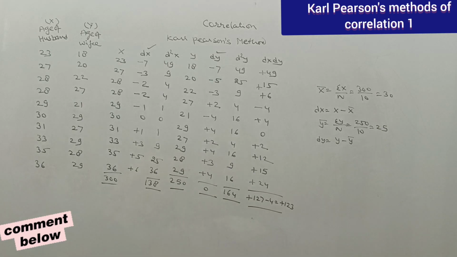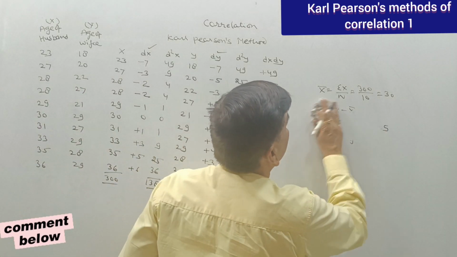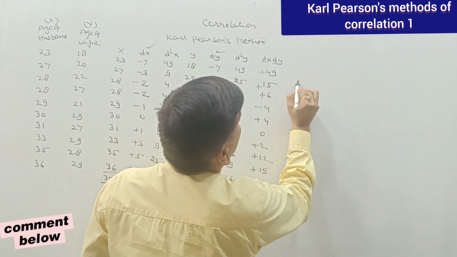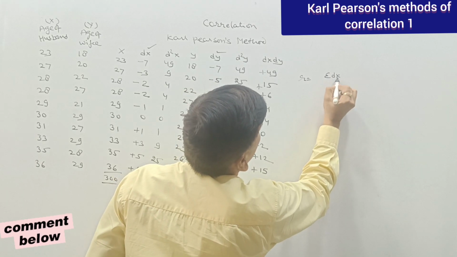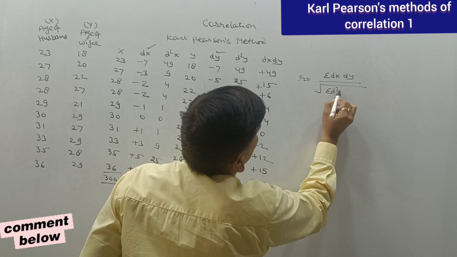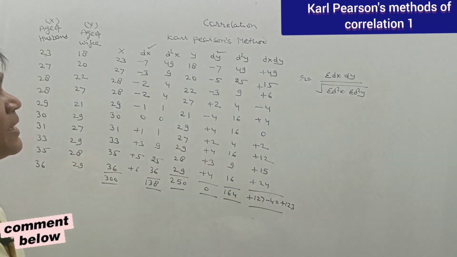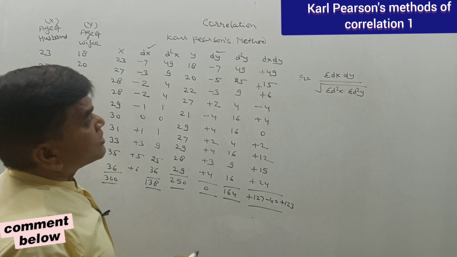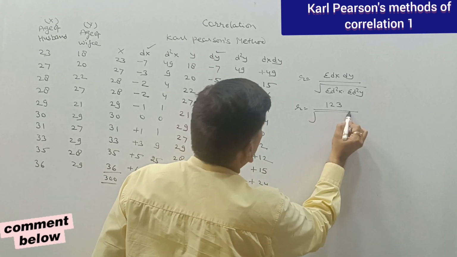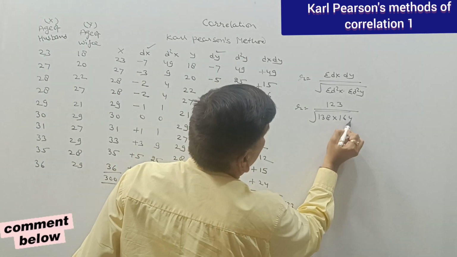So what we are doing here is using the direct method for calculating the coefficient of correlation. The formula is sigma dx dy upon the square root of sigma d square x times sigma d square y. So the value of correlation is 123 divided by the square root of 138 times 164.